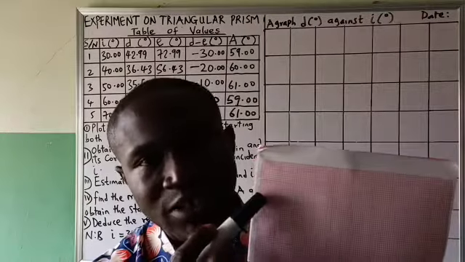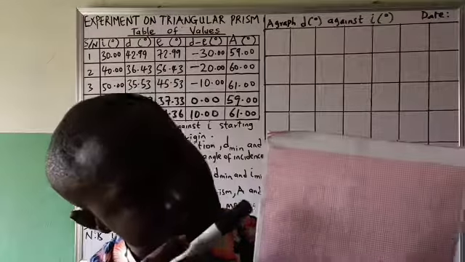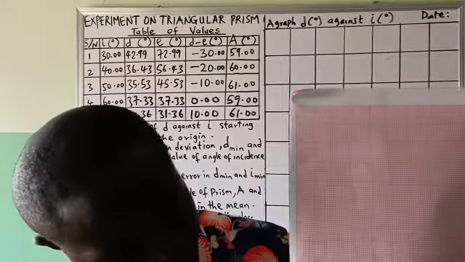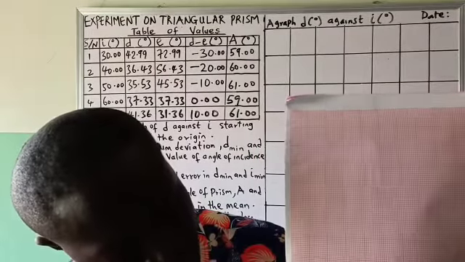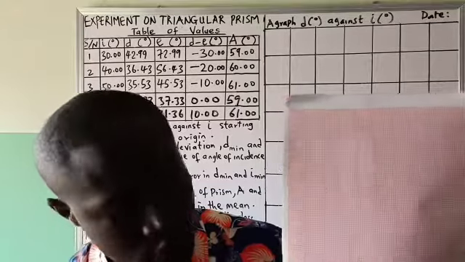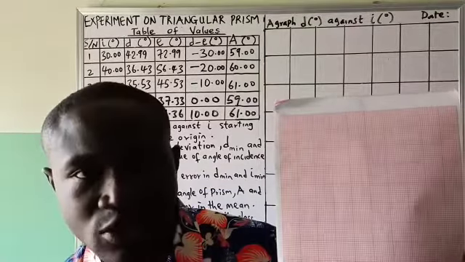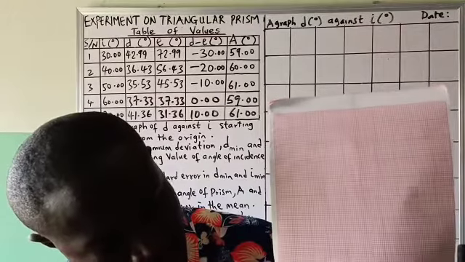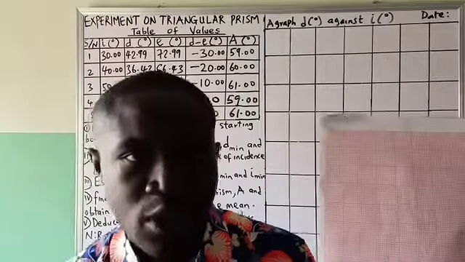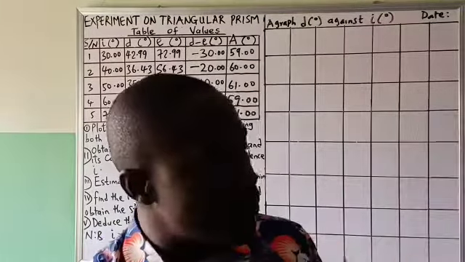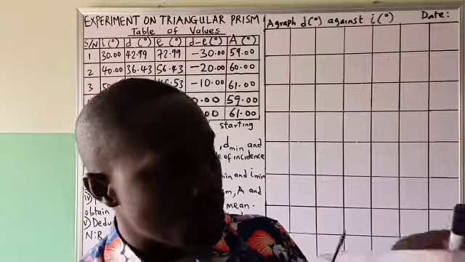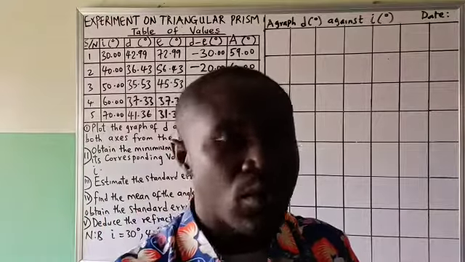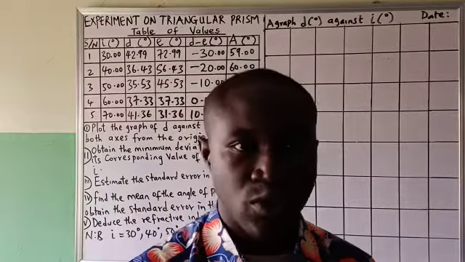And each of the bigger boxes has 10 small boxes. So from here to here, you have 10 small boxes, 10 small boxes, 10 small boxes. When you merge this and this, you'll be getting 4 cm, because each of them is 2 cm. You can put your scale on the top of this graph sheet or on the bottom of it. It depends on you, but you must indicate the scale you use.